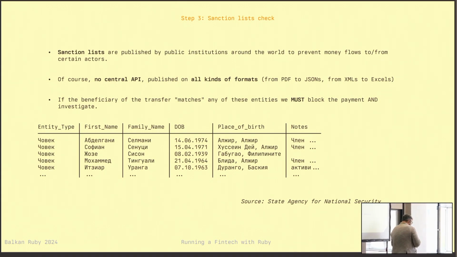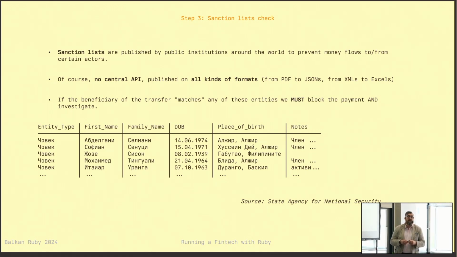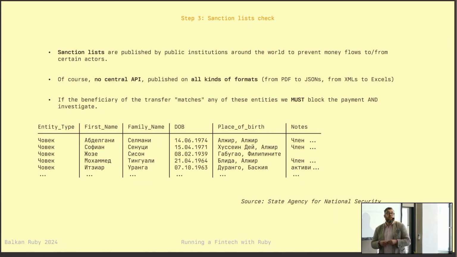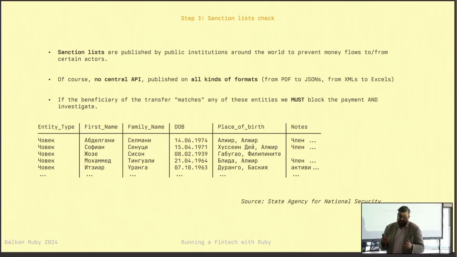And this is a big mess, to be honest. Like, every single public institution, every government on the planet, periodically publishes sanction lists for different people: terrorists, crime, all kinds of countries.